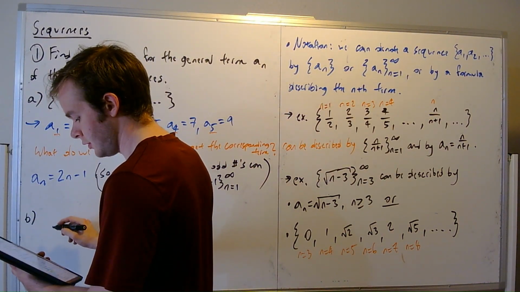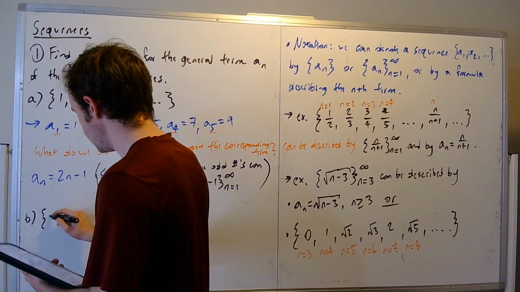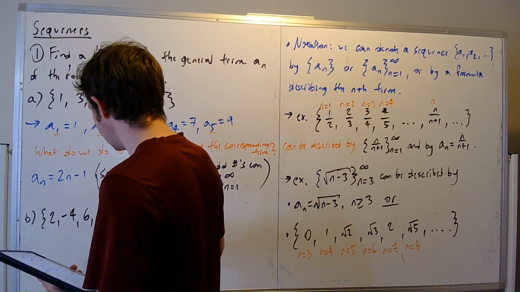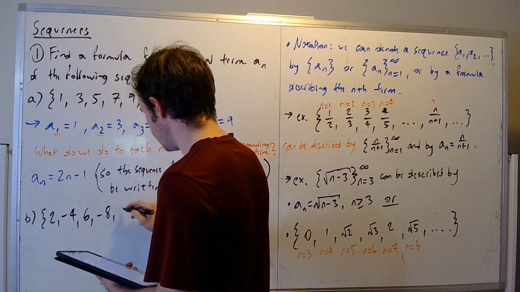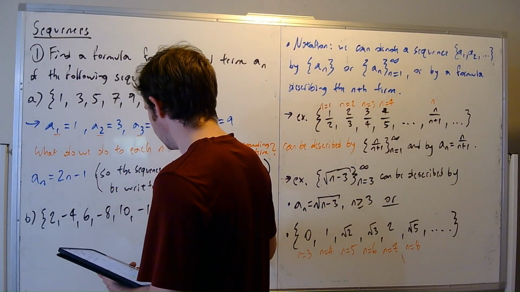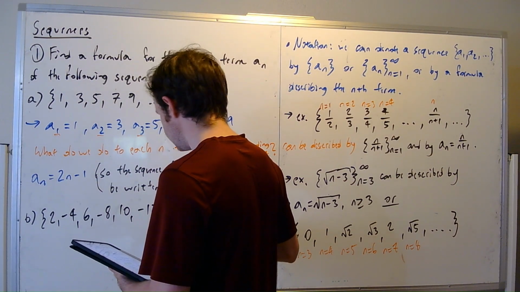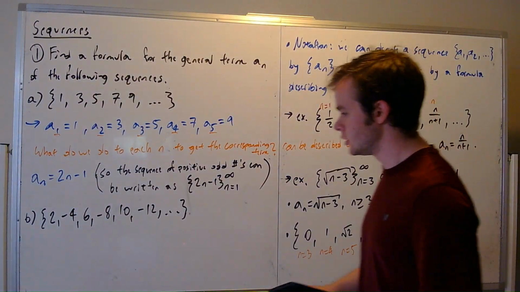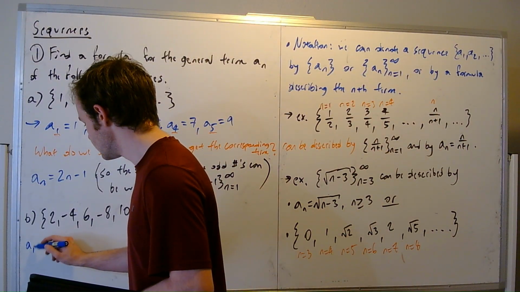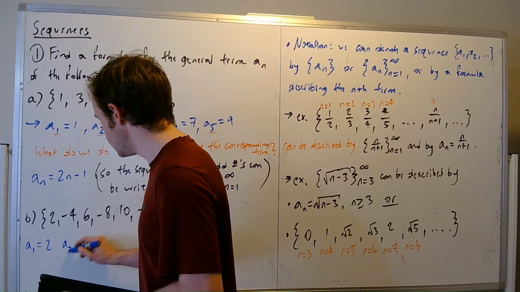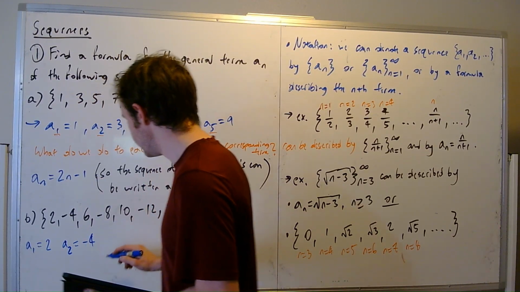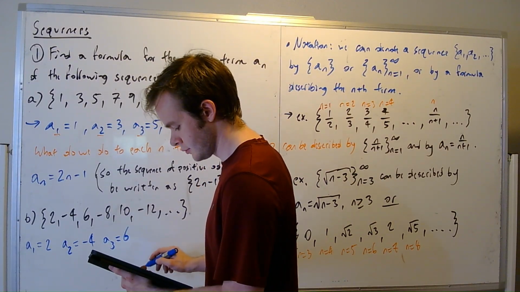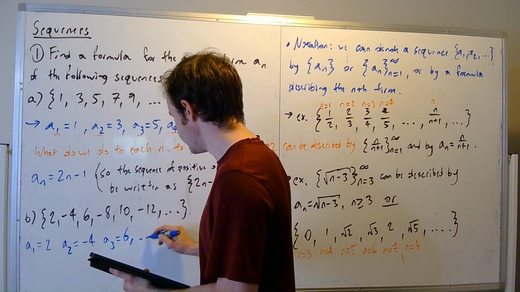That's part A. Part B is going to have the sequence 2, -4, 6, -8, 10, and -12. Okay, so again, we just look at what we have in each entry. So a_1 is 2, a_2 is -4, a_3 is 6, and so on.